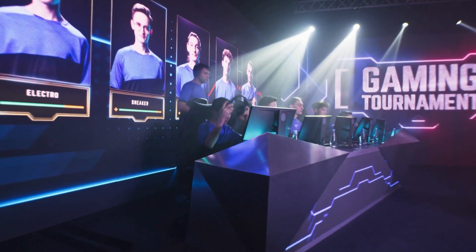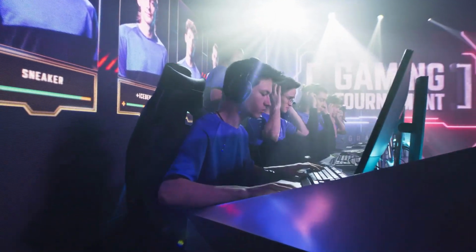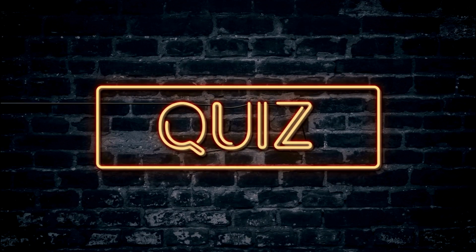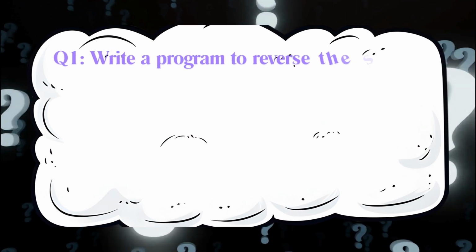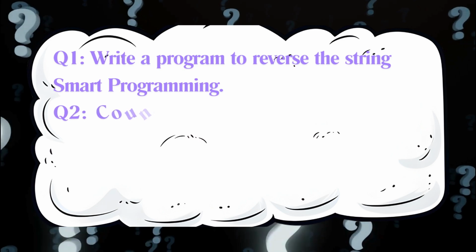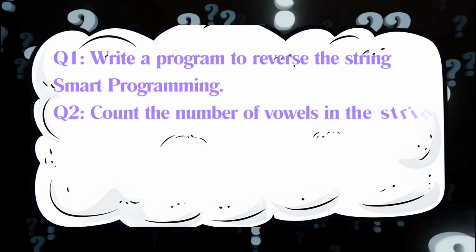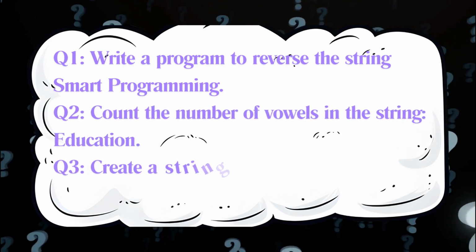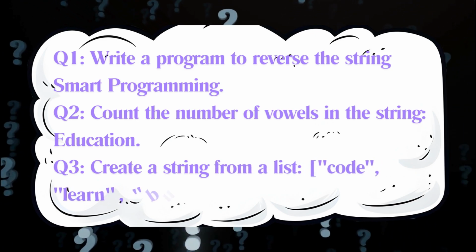So it's quiz time. You need to put your skills to the test here. In the comments below, please try to answer these questions to help build a foundation in string manipulation and this skill of class 11 computer science. Question number 1: write a program to reverse the string "smart programming". Question number 2: count the number of vowels in the string "education".